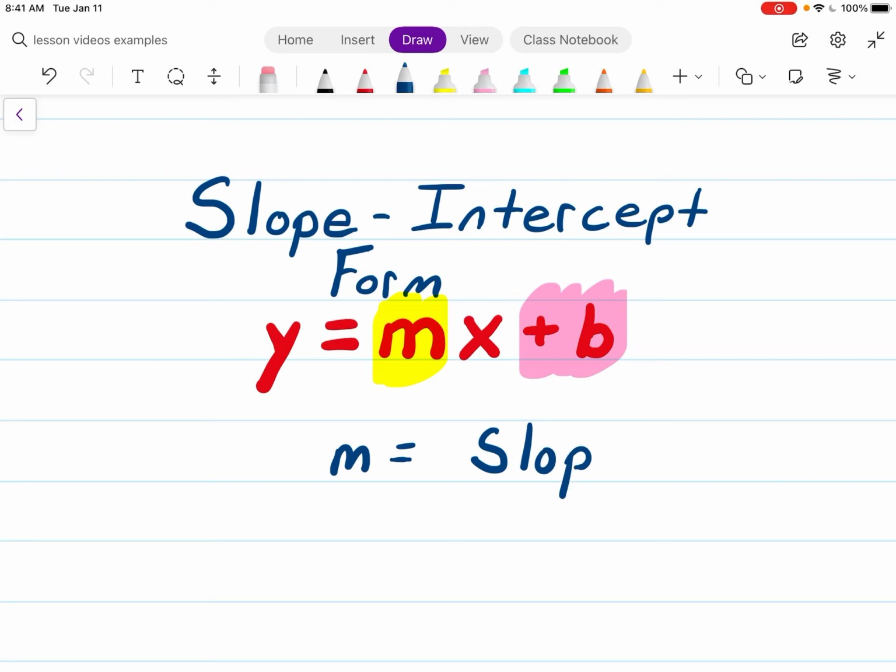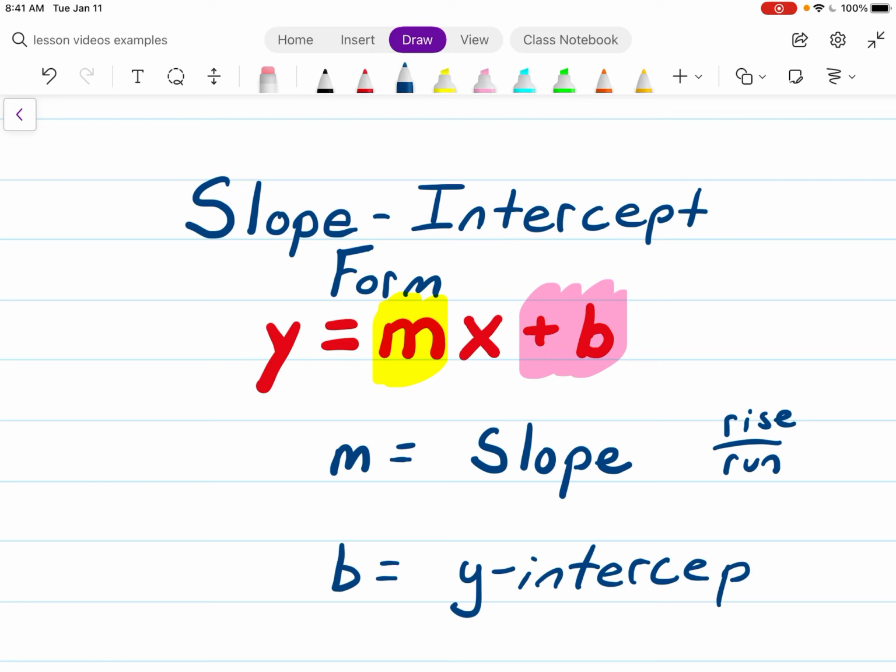And remember, when you deal with the slope of a line, it must be in fraction form, rise over run. And we are also dealing with the B variable, which represents the y-intercept. And that is where the line that is being graphed crosses the y-axis.